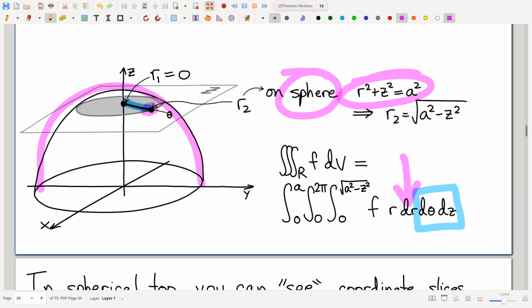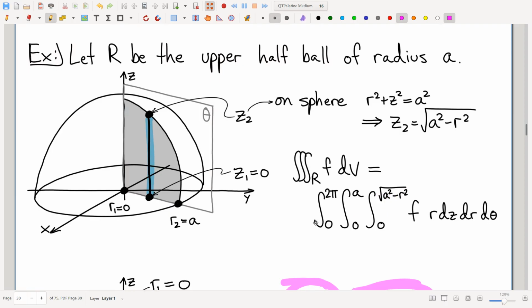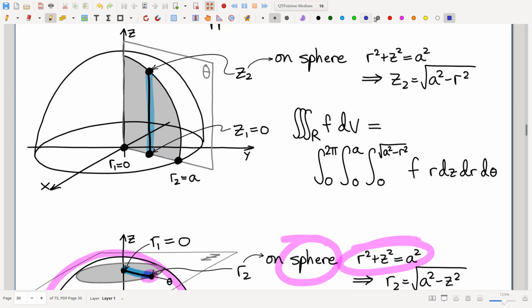And here's where a lot of students mess up again. So easy to mess this up by saying, oh, well, I already did the algebra and we already found that, and so that must be the bound right there. And no, it's not right. Because over here, when we got this value, it was a value of z. That's what I got when I solved for z in that equation.